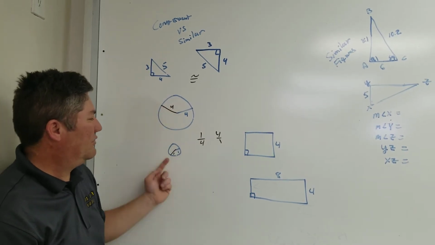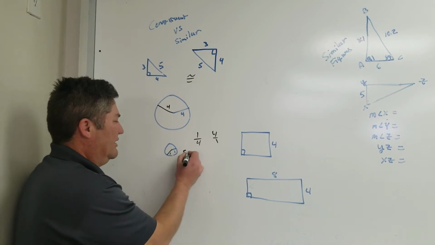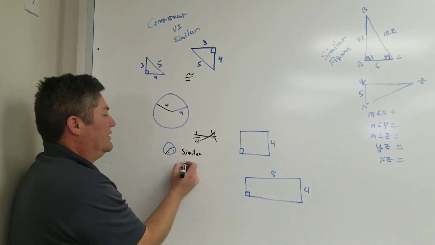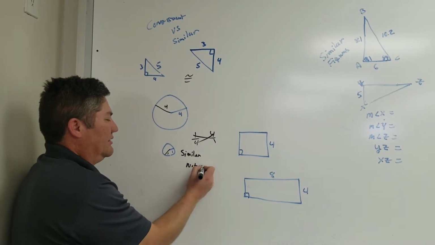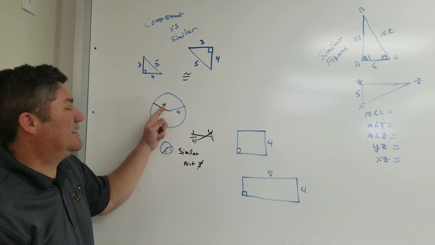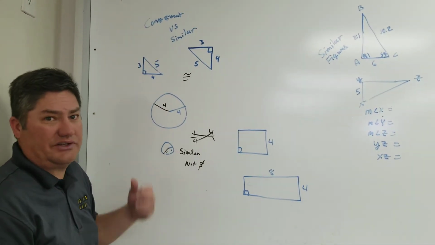Or going this way, 4 to 1. But the ratio will not change. So therefore, these are similar. But they are not congruent. The reason they're not congruent is because these would have to be exactly the same, or they'd have to reduce. 1 divided by 4 would have to be 1, which it obviously isn't.